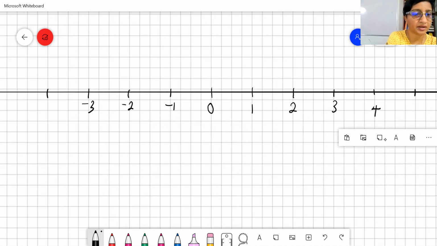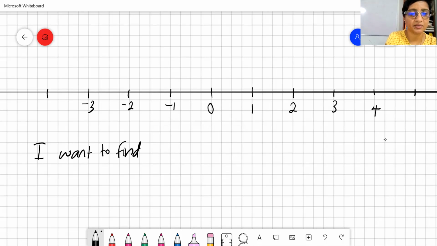I'm thinking, I want to find what this is. That means I want to come up with a number.